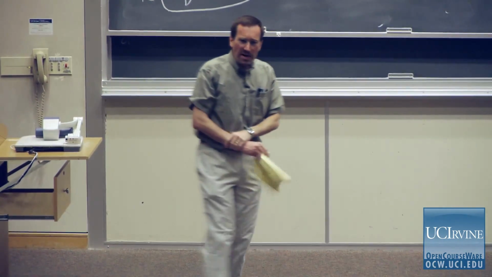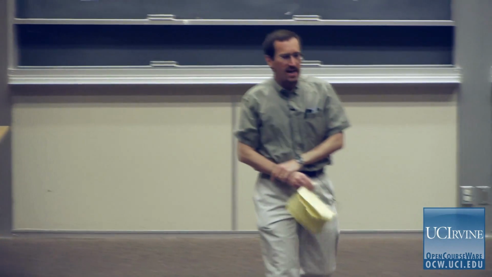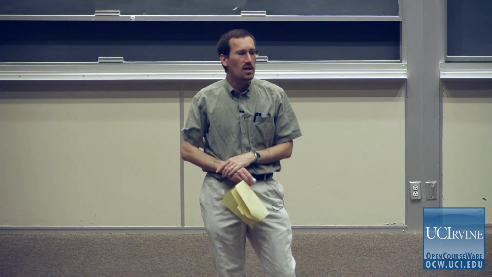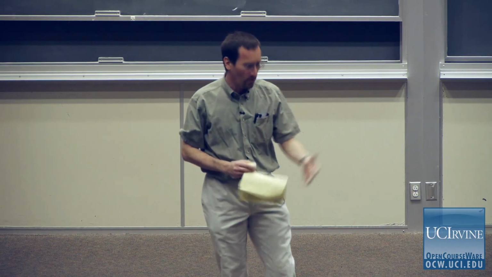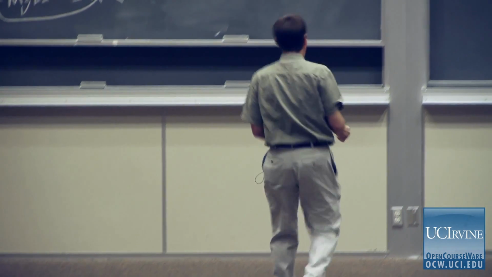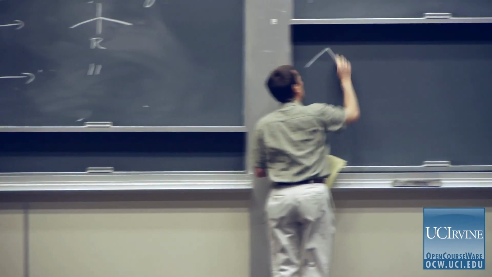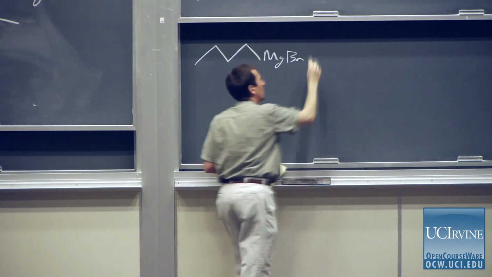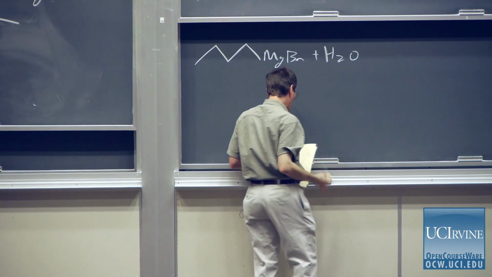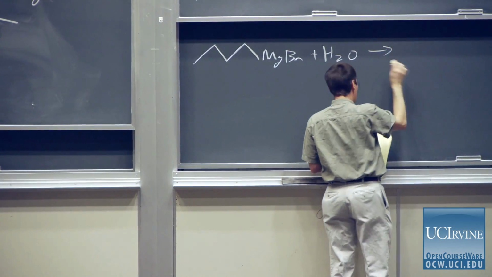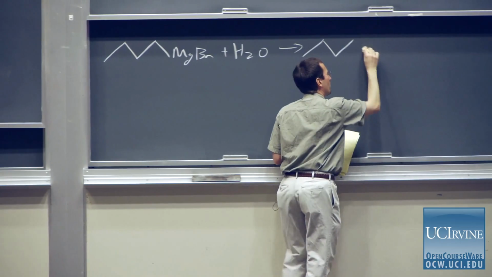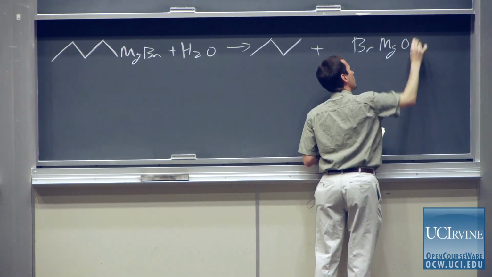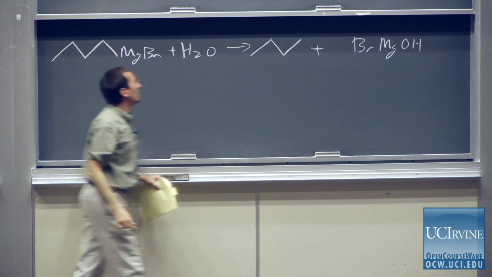But the point of this comes back to what I was saying before about Grignard reagents being very reactive toward water. A Grignard reagent acts as a base with water, and so if you expose a Grignard reagent like butyl magnesium bromide to water, the water acts like a Bronsted acid, and you get butane and bromomagnesium hydroxide, a mixed salt here.